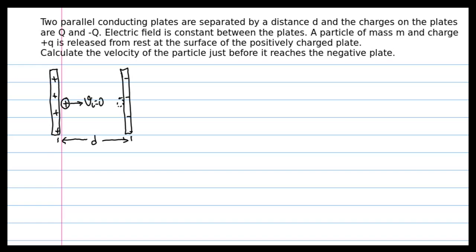So now, let's say the particle is right here. We are going to calculate V final. The velocity can be determined either by using the work done on the particle by the field, or by calculating the electric force's acceleration and solving using kinematics.